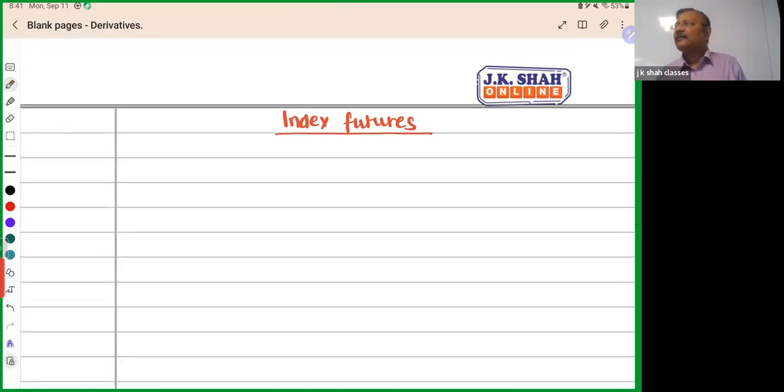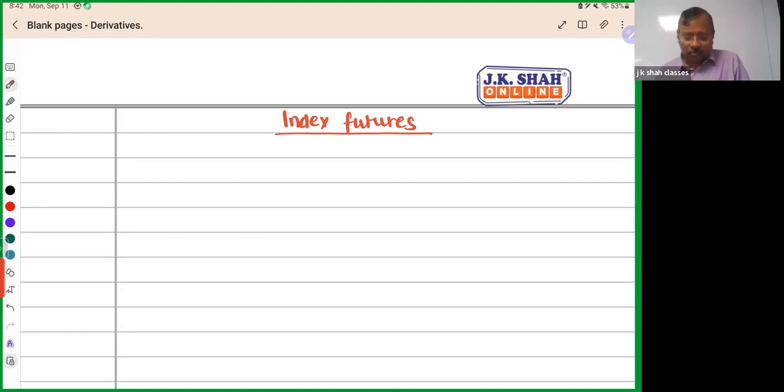Okay, what is an index? Nifty. No, that's Nifty. I mean, you can say that index is also Sensex. Okay. What does an index number represent? What does an index represent? Whole set of portfolio. That set of 50 stocks.